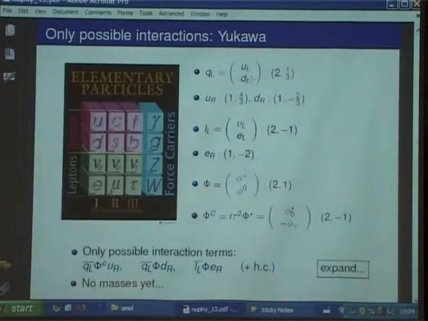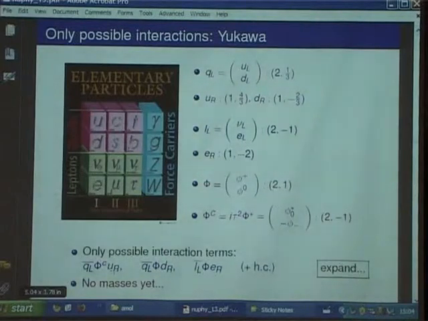If you want to form QL bar and UR, this is 1/3 and this is 4/3, you must have this and minus 1. Whereas if you want to form 1/3 and minus 2/3, then you must have this phi. So this is very important: phi will always only couple with DR and phi conjugate will only couple with UR.